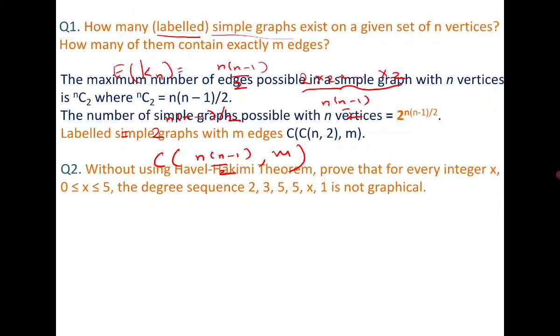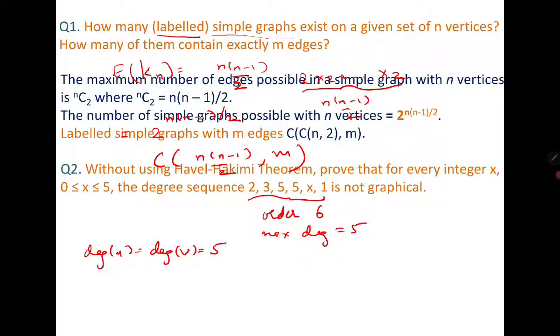exist. But if we don't have to use it, then we can see here that the order of the graph is 6, which means the maximum degree is 5. Now there are two vertices, let's say u and v, of degree 5. It means that u and v are adjacent to all other vertices.